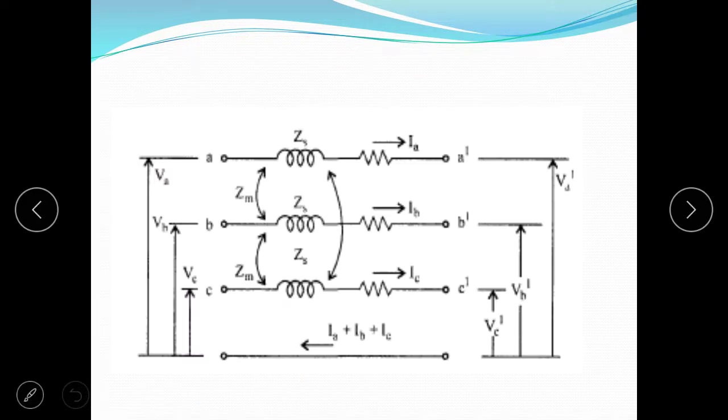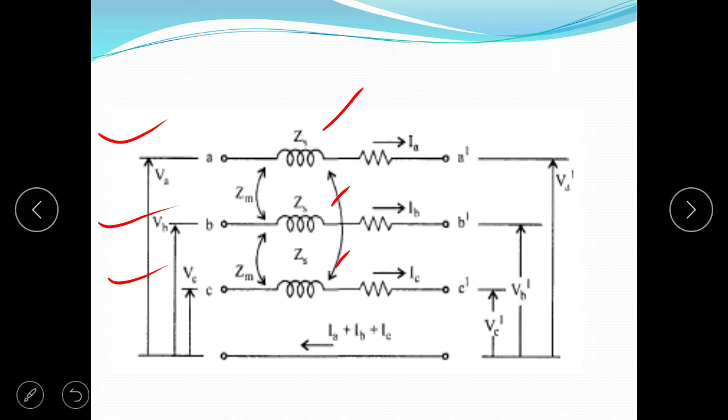In this figure, a transmission line is represented by a series inductor having a small value of resistance R. This is line A, this is line B, and this is line C. The impedance is Zs in each phase, meaning the impedance of each phase line is considered the same.